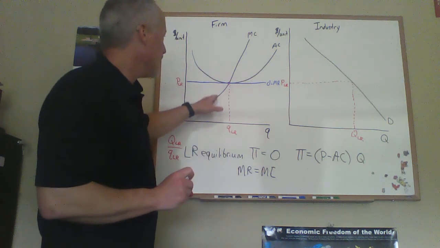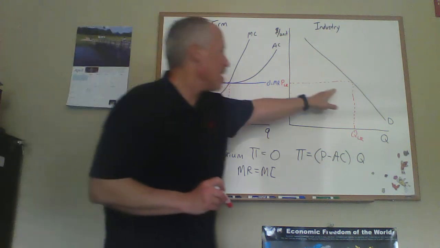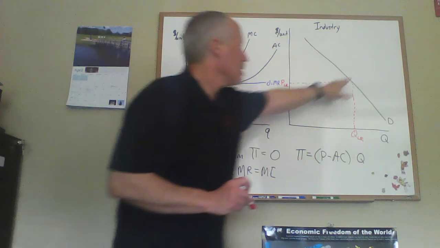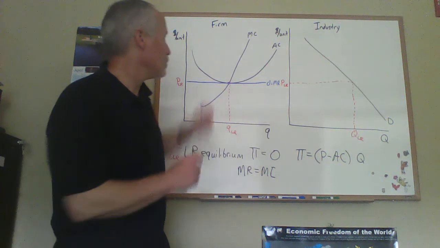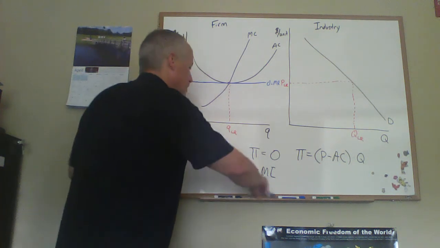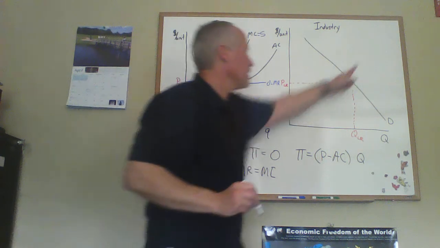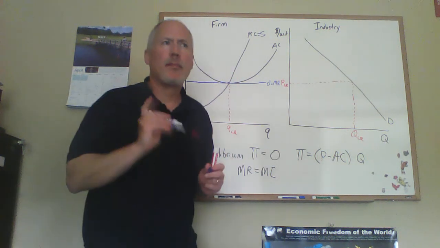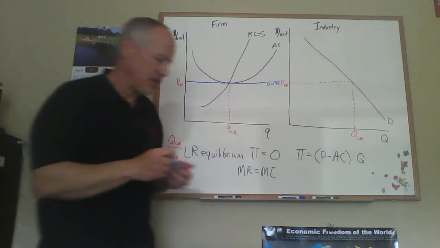Now this would suggest that whatever this number is, we would do a horizontal summation of the individual firms' supply curves, and that would give us an industry supply curve. But that's not quite the way to think of the supply curve in the industry in the long run.